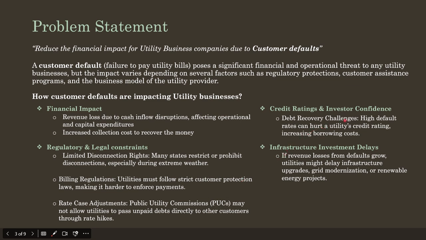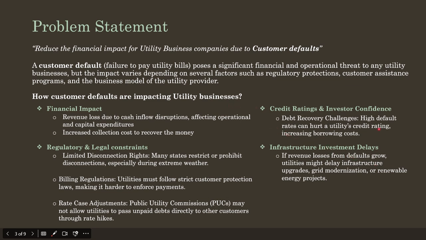The credit ratings and investors' confidence in the utility businesses are affected because the debt is increasing as customers are unable to pay, so there will be debt recovery challenges for those businesses. Then infrastructure and investment delays. When these utility businesses receive money for the service they have provided, they use that money to improve the infrastructure or the services for serving customers in future in a better, enhanced way.